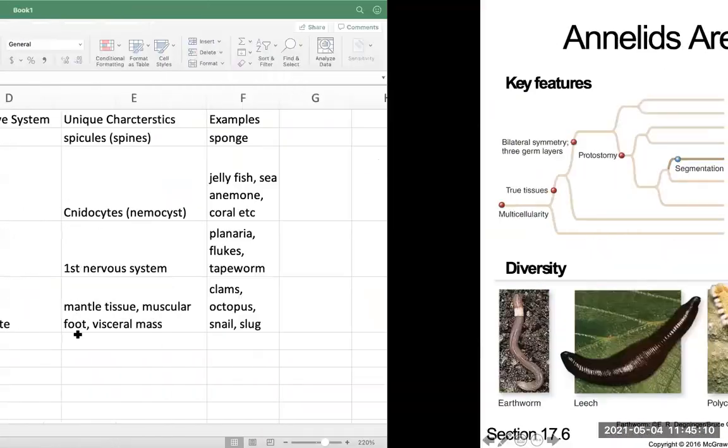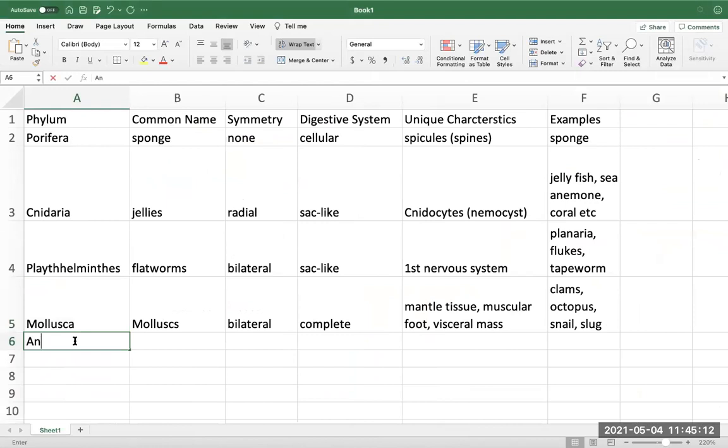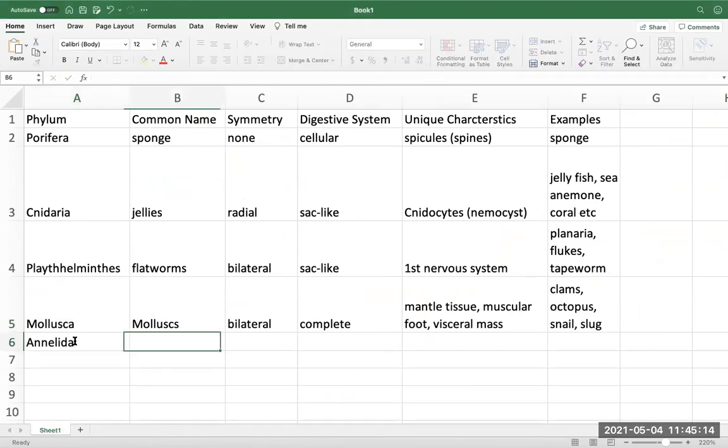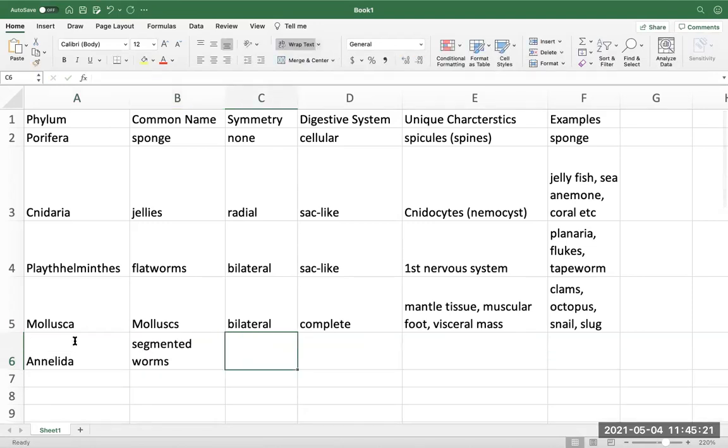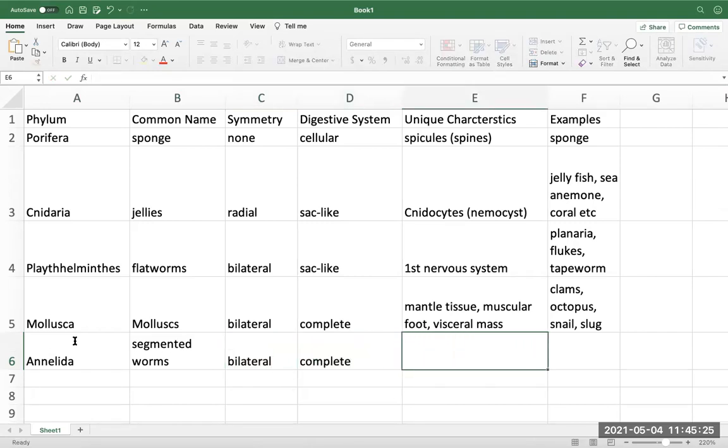So let's do this annelids. Segmented worms, I wanna say. And bilateral, complete. Special things, closed circulatory system.